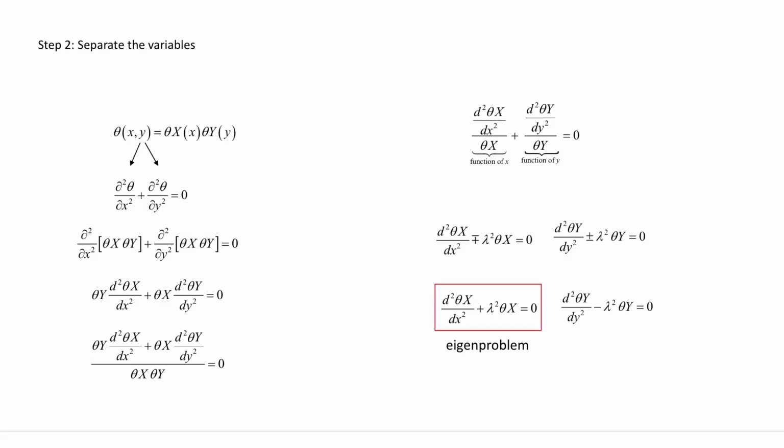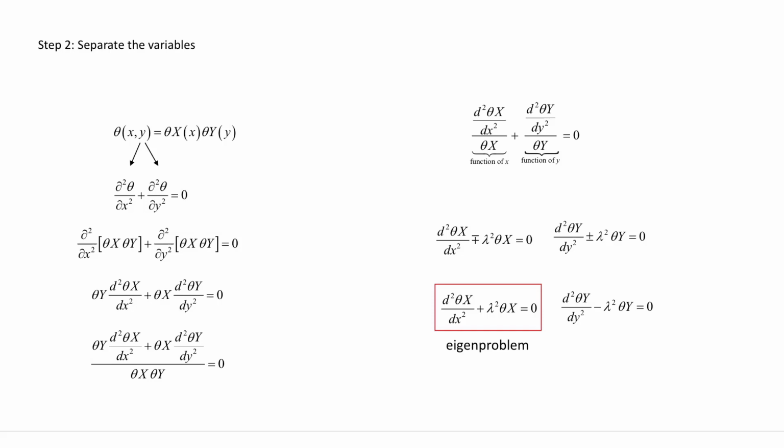And then we have to make sure to pick the sign according to whether it's a homogeneous direction or not. Remember, now you've been through this process, so you can probably see why we did this. We have to pick the sign on the homogeneous direction such that we get the periodic function that lets us get the eigenvalues to solve in that direction. And then the other side, the non-homogeneous side, just comes along for the ride.